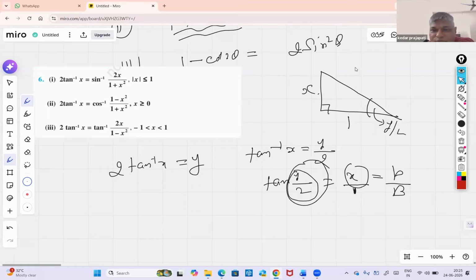With Pythagoras theorem, this will become root of 1 plus x square.